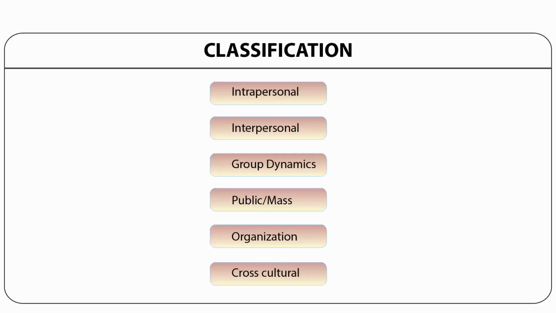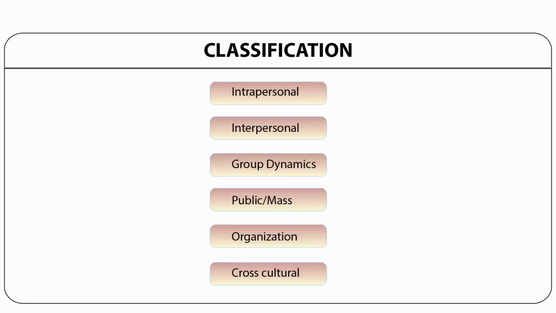When you come to intrapersonal communication, one communicates with oneself. When you come to interpersonal communication, the communication process occurs between two persons, whereas in group dynamic communication, the process occurs among more than two persons, and it is limited to a group. When compared to group dynamic communication, public or mass communication is aimed at a larger group of people.